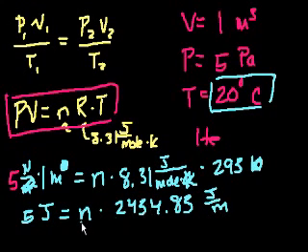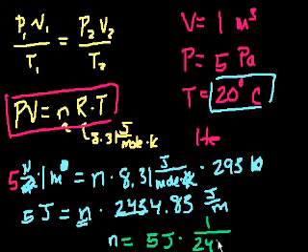And so to get the number of moles, we just divide both sides of the equation by that, and the units should work out. So N is equal to 5 joules times 1 over 2434.83. And then since we're dividing, this flips, moles per joule. And then, of course, this joule cancels out with this joule.